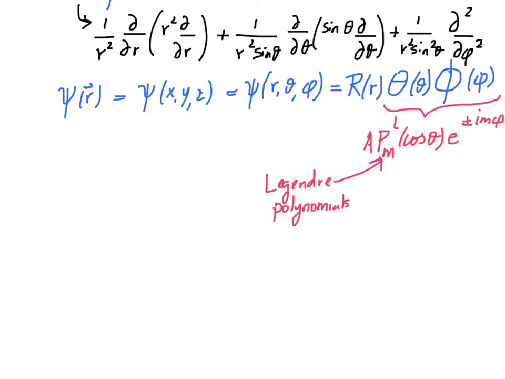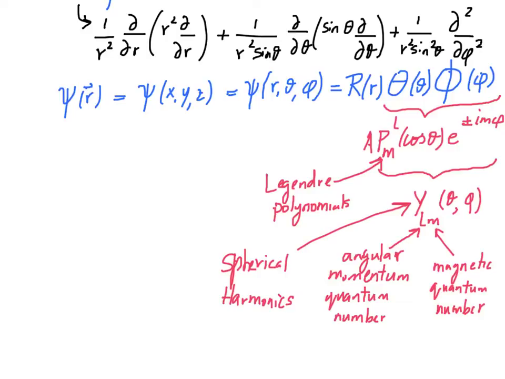L and M are integers, which means we have a spectrum of possible solutions for our theta and phi dependence: a series of Legendre polynomials and a series of e to the i m phi functions. Now, it turns out that the product of the Legendre polynomial and the e to the plus minus i m phi can be combined together. Y represents the combination, the product of the Legendre polynomial and e to the plus minus i m phi, and it is called the spherical harmonic.